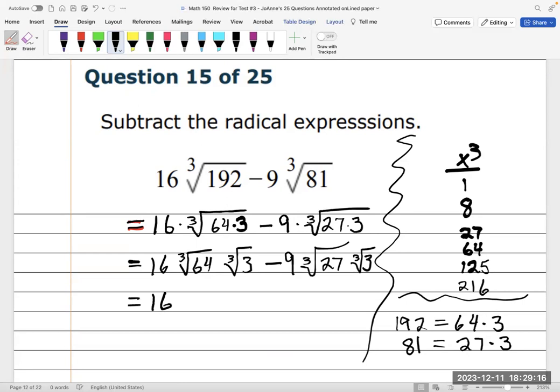So that's 16, and the cubed root of 64 is 4.